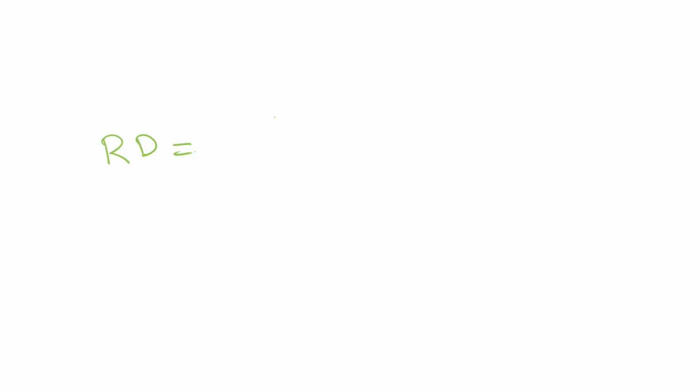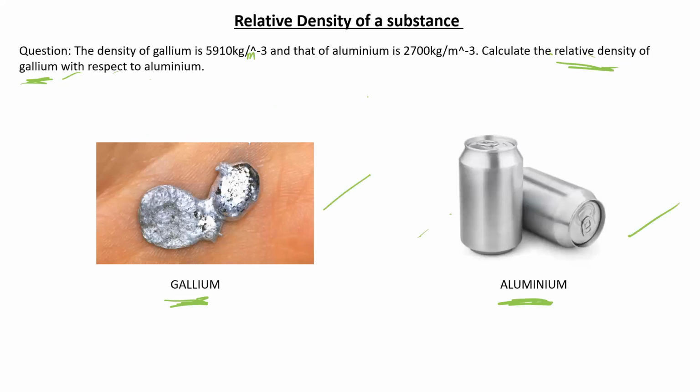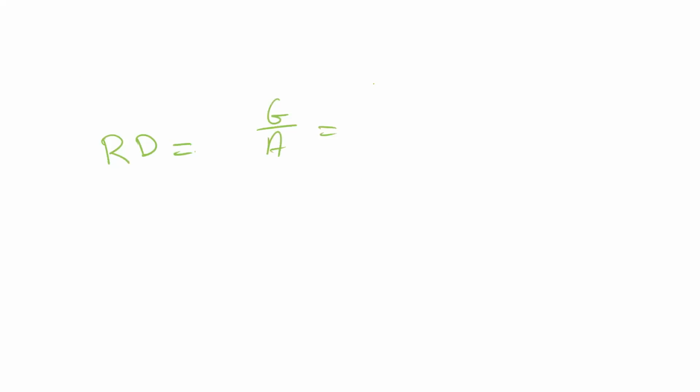So that's going to be 5,910 divided by 2,700.